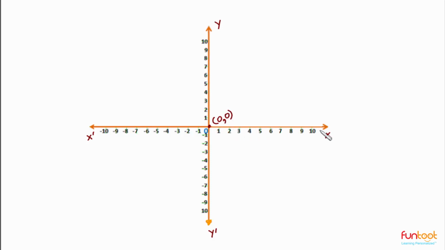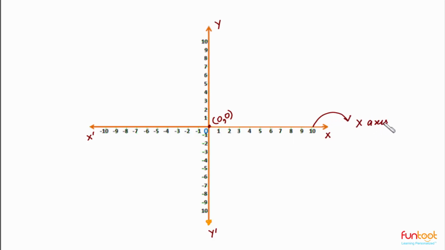This is the positive direction of the horizontal axis and this is the negative direction of the horizontal axis. This is the positive direction of the vertical axis and this is the negative direction of the vertical axis. The horizontal axis is called the x-axis. So this is very important.